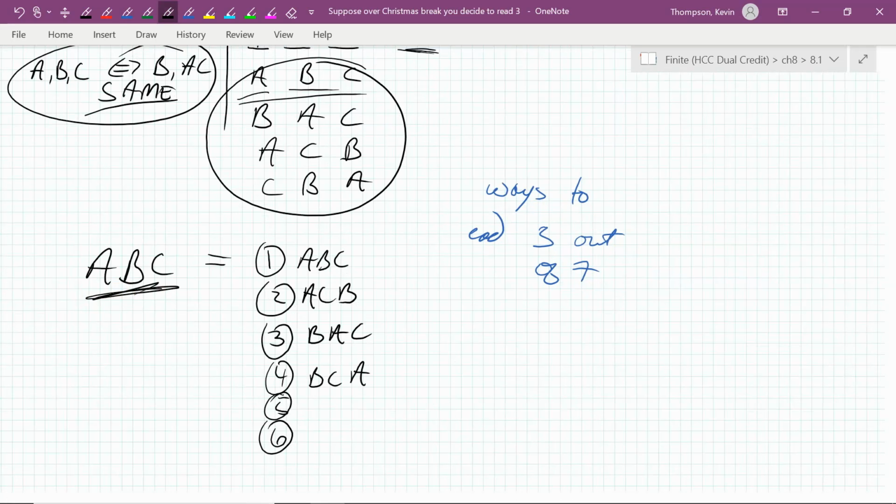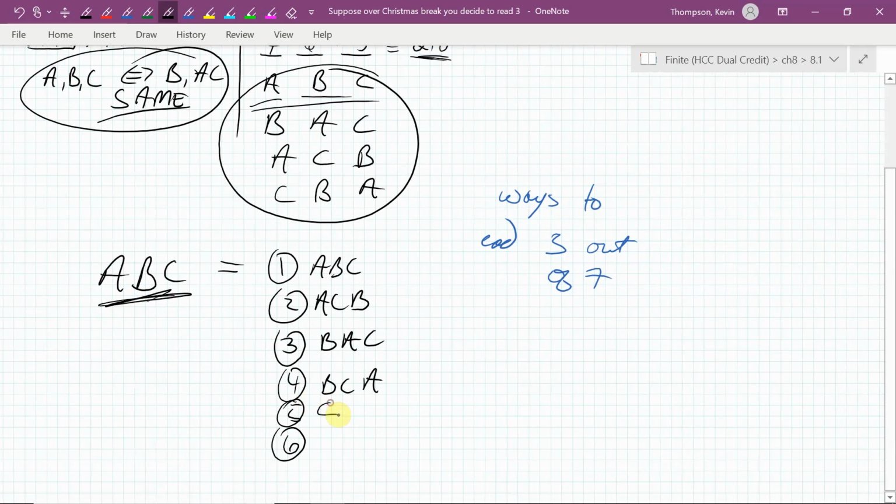How'd you get that? Oh, so you're just thinking of the options here, like CBA, CAB? And we've actually accounted for them all.